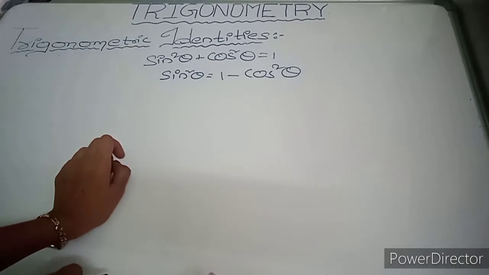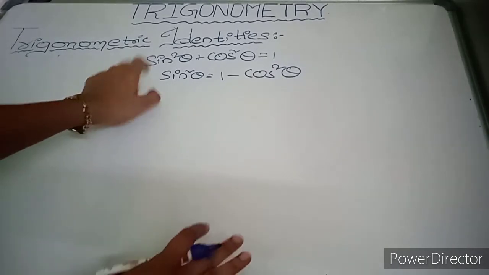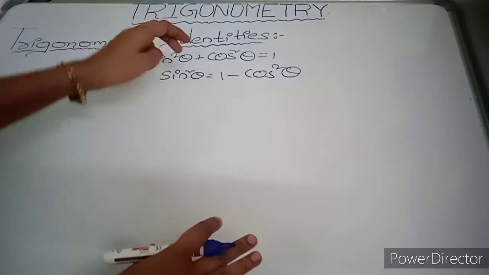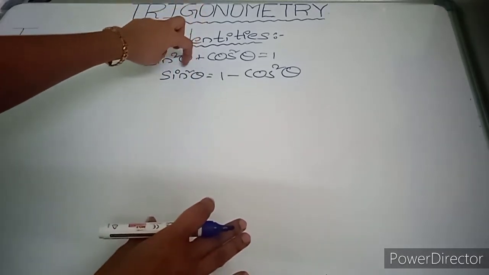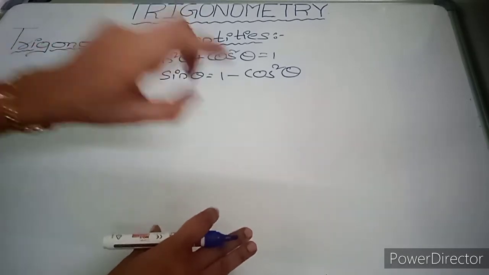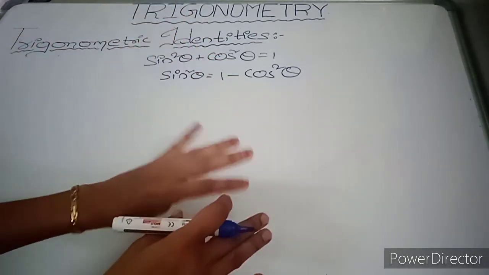Okay, this is about sine square theta. Now I am removing this square, meaning I want to know the value of only sine theta, not sine square theta.